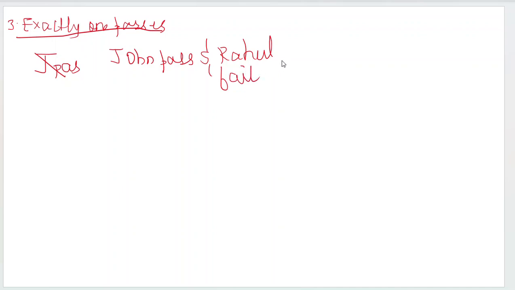It cannot happen that both of them pass or both of them fail. It should happen that exactly one of the two passes. So if John passes, Rahul has to fail. Or it can also happen that John fails, but in this case, definitely Rahul has to pass.